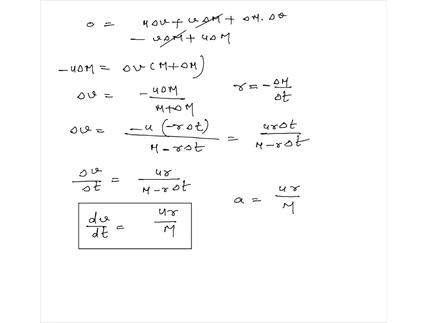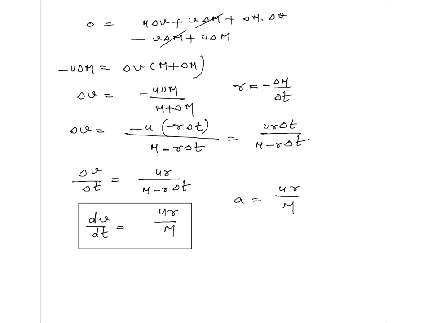It's not constant. Why? Because we said U was constant. No, we said R was constant. We said U was the velocity of gas with respect to the rocket. Capital M was the instantaneous mass. So U was constant with respect to the rocket, but the rocket speed itself is variable.